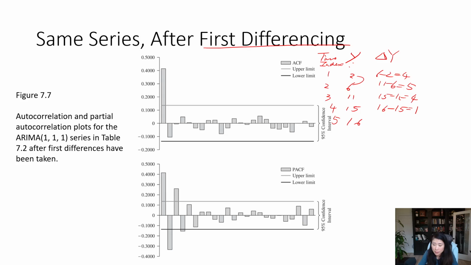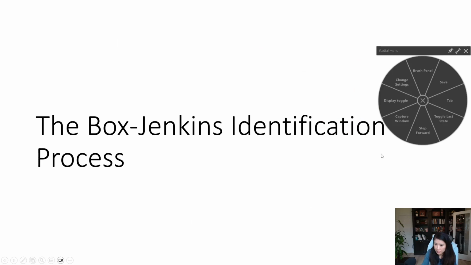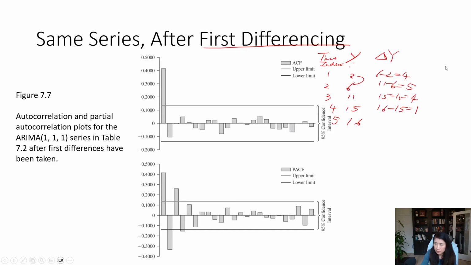After you take the first difference, you take another difference based on the first differencing: 5 minus 4 equals 1, then 4 minus 5 equals -1, and 1 minus 4 equals -3.